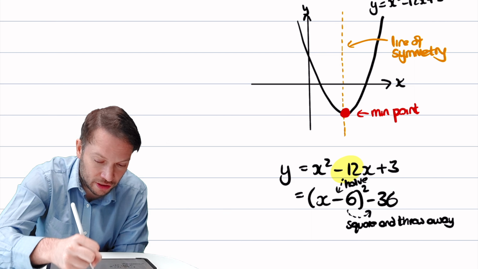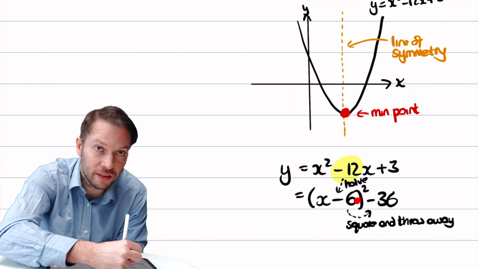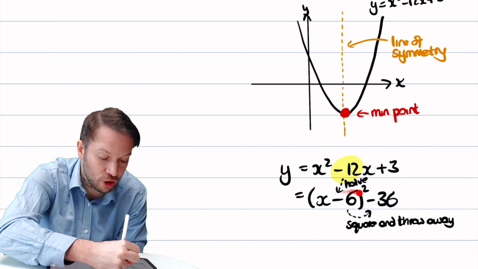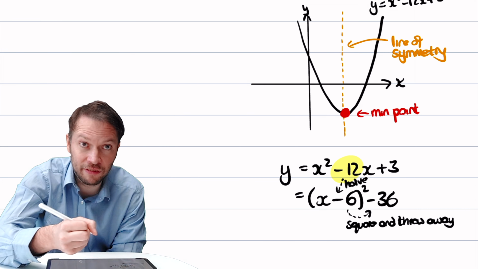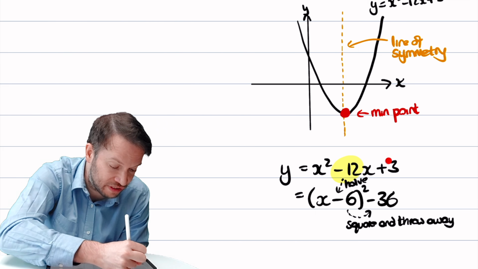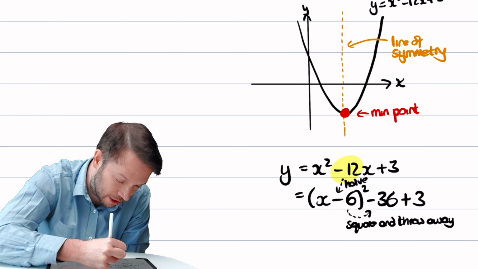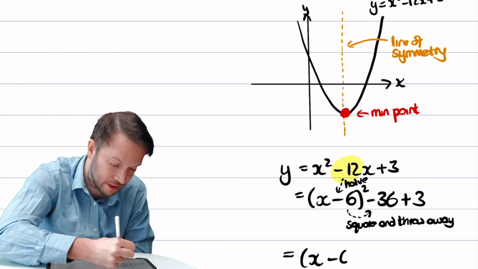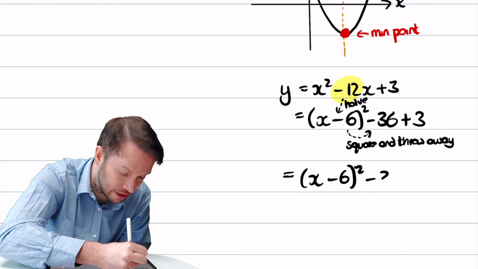The reason that works is if you expand this out, that would give you x squared minus 12x, but you'd also get plus 36 in that expansion, and the minus 36 cancels that part plus 36 to just give you x squared minus 12x. But we still got this plus 3 here, so we need to put that back in. And then let's just tidy up. We're going to get x minus 6 squared, and then minus 36 plus 3 is minus 33.